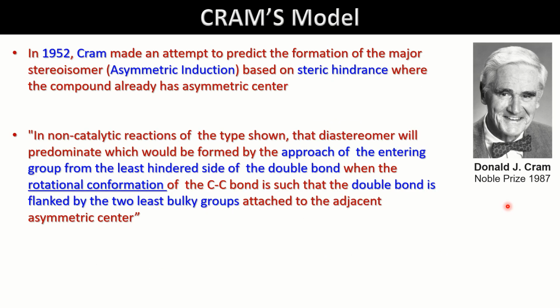He also received the 1987 Nobel Prize for his work in the area of asymmetric induction. So in 1952, by studying various examples of similar kind, Cram made an attempt to predict the formation of major stereoisomer based on steric hindrance.